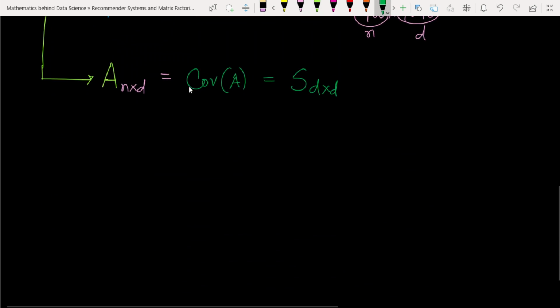The D cross D is a square matrix, so we can easily decompose it using PCA.